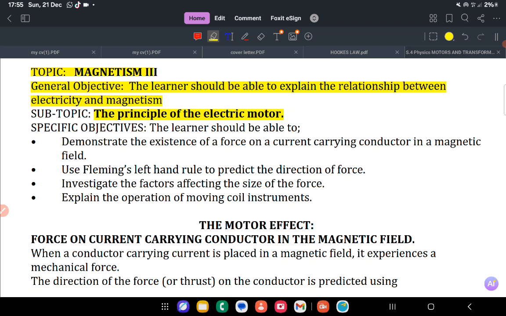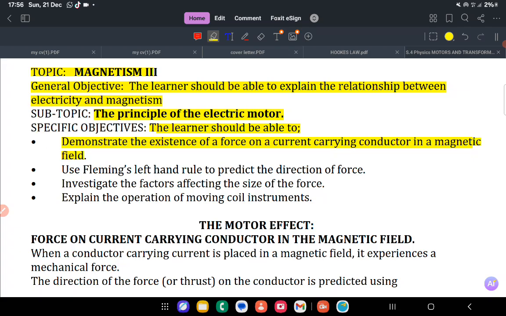By the end of the topic, it's quite a big topic, you should be able to demonstrate the existence of a force on a current carrying conductor in a magnetic field.